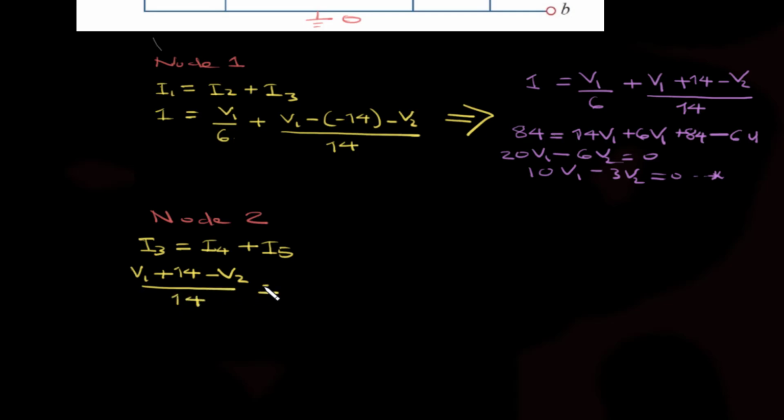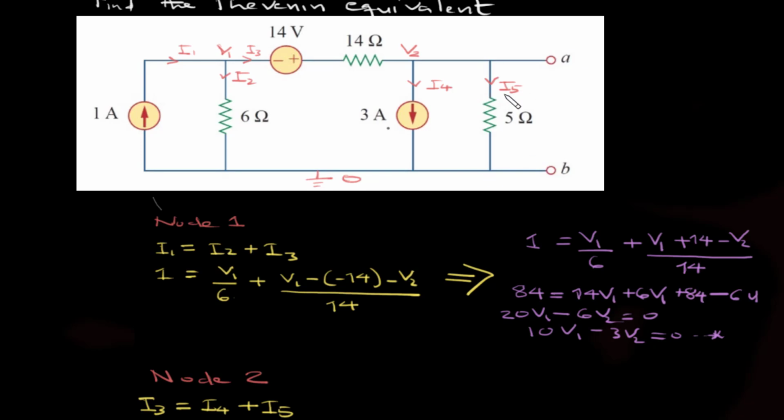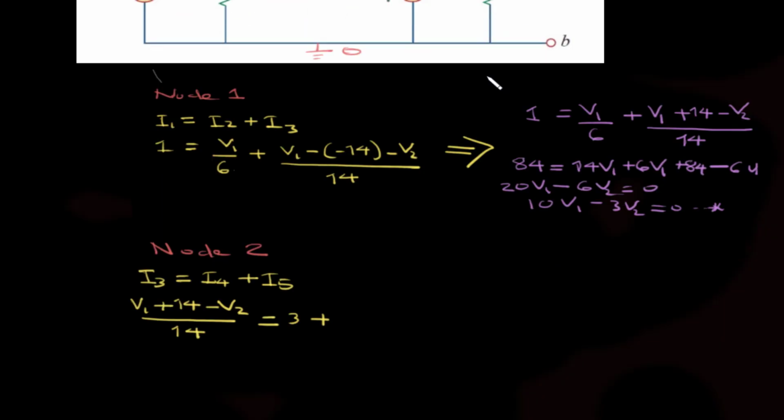So this is going to equal I4, which is 3 amps, plus I5, which equals V2 over 5. Organizing this, we get 5 V1 minus 19 V2 equals 140. This is equation number 2.